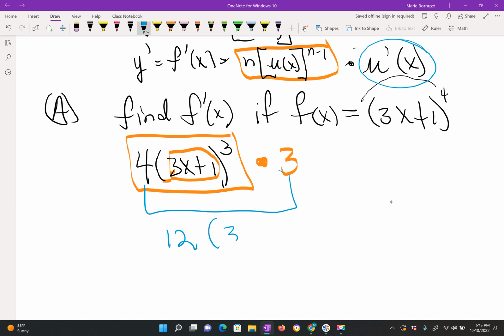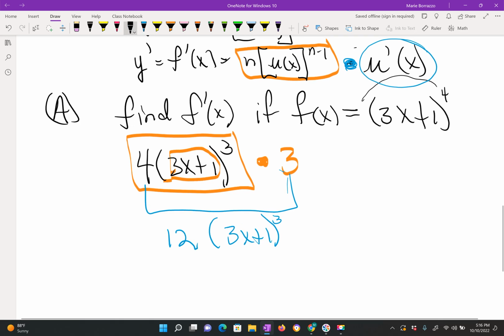And you're left with 3x plus 1 and all of this to the 3rd power. And that's how we treat composites, which is basically the essence of the chain rule. It's a composite function. Once you can identify it, you can work it out, no problem. So don't forget this is multiplied, which is why I'm multiplying 3 times the 4. Okay? So far so good?